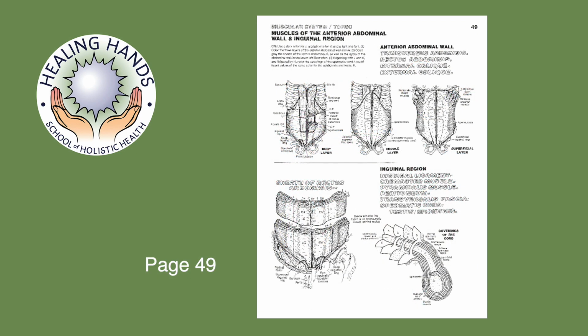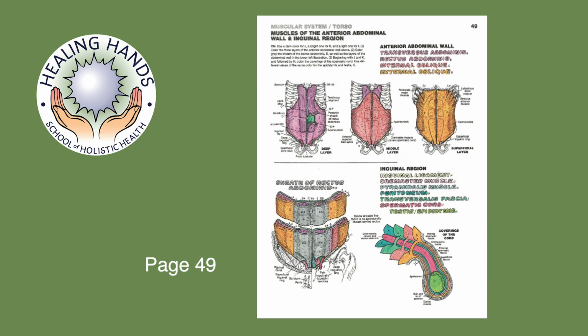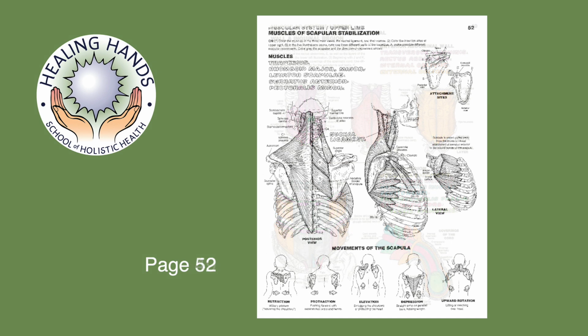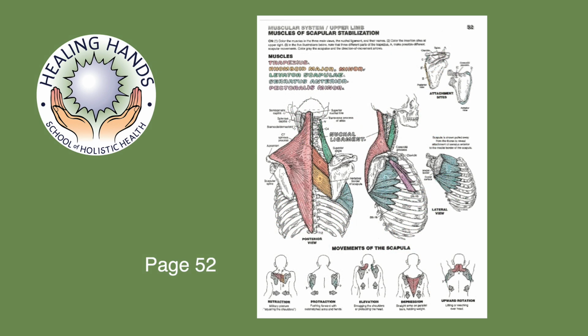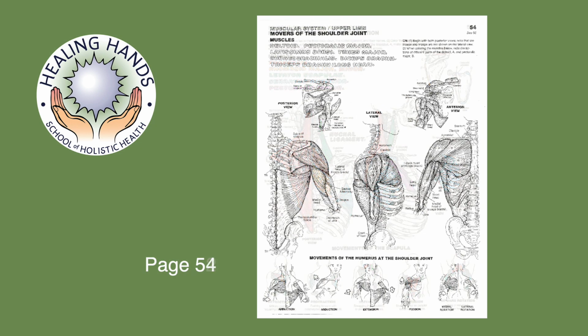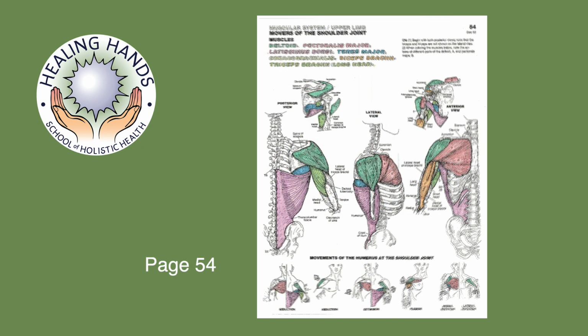On page 49, the abdominal muscles: rectus abdominis, internal obliques, transverse abdominis, and external obliques. On page 52, pectoralis minor, and page 54, deltoids and pectoralis major.